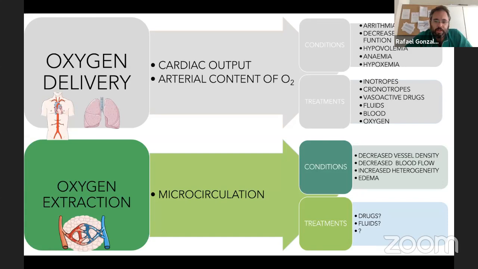The microcirculation is really important to provide oxygen to the tissues. We can have decreased vessel density or decreased blood flow, or we can have a microcirculation with increased heterogeneity, or we can have edema in the tissues, and those can lead to an impairment of the microcirculatory compartment, decreasing oxygen transport.